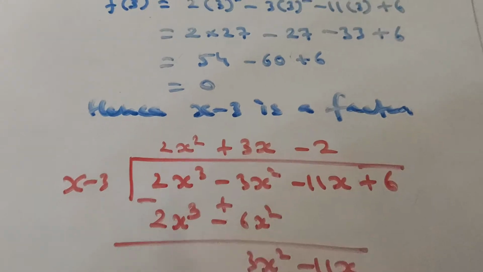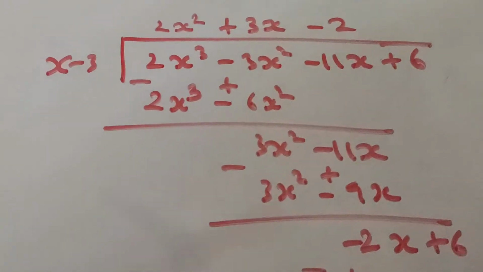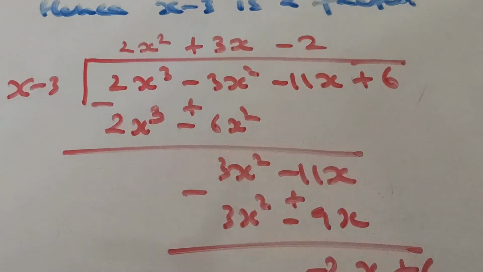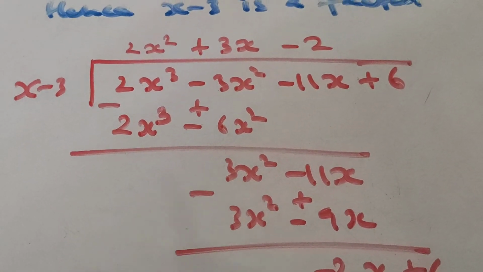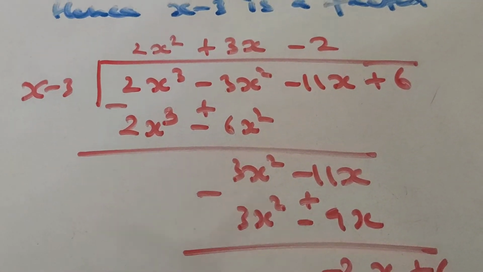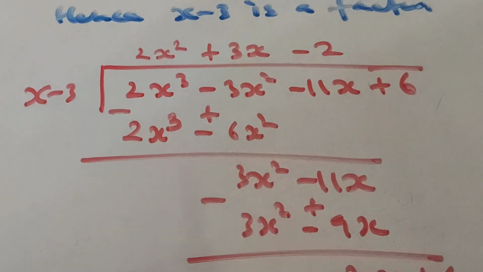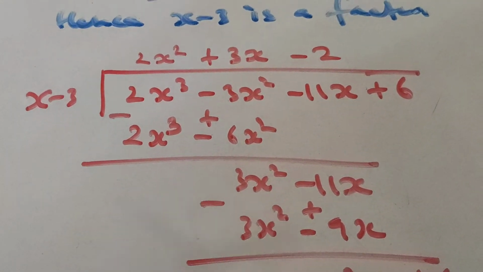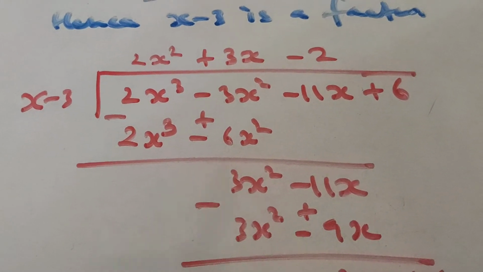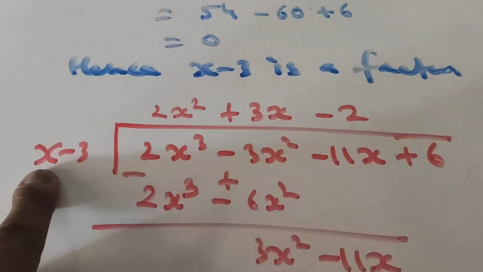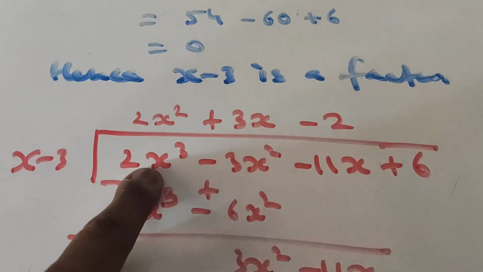We go on further for division, we are factorizing it actually. So x minus 3 is the divisor, and 2x cube minus 3x square minus 11x plus 6 is the dividend. Simplifying, here we are having x, here we are having 2x cube.